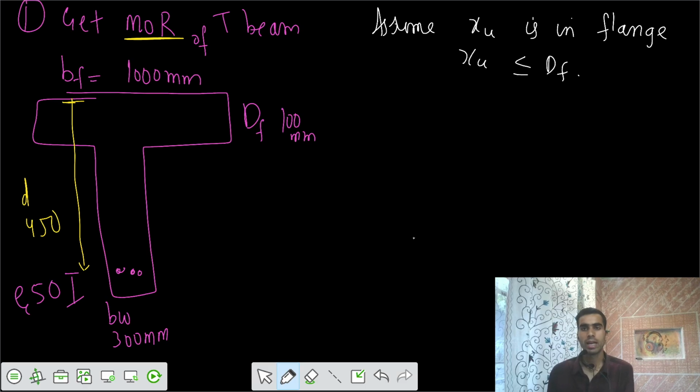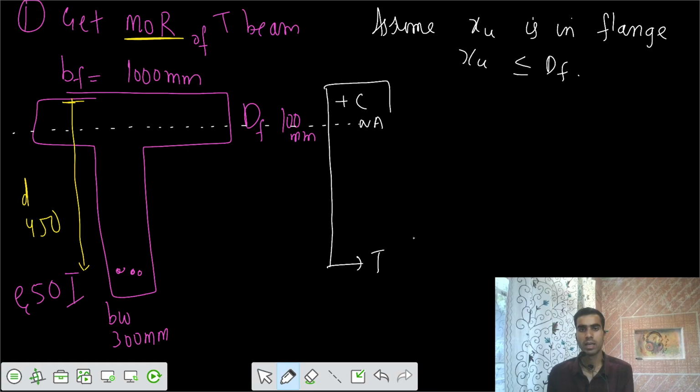Now if I take that case, the part contributing to the C force, if the neutral axis is somewhere in the flange portion, the C force is contributed by the concrete, and the T force is contributed by the steel.